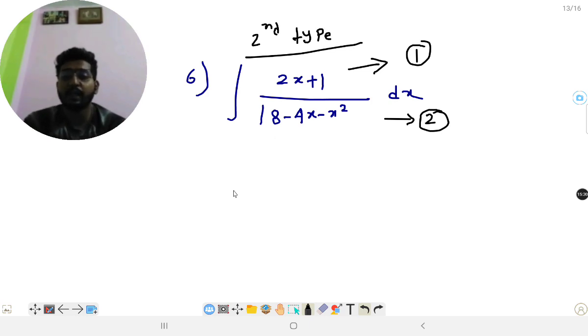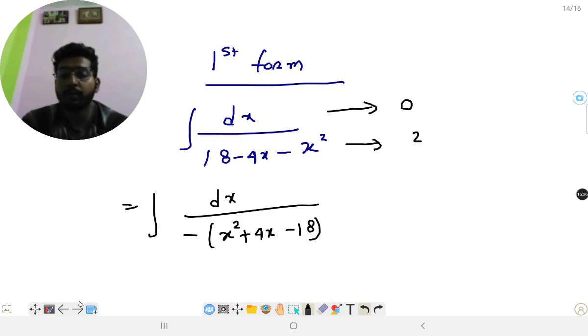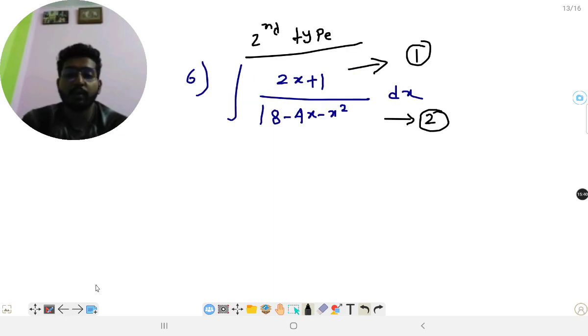Now for the second type problem, remember this one, for the first type problem we only had to make it to square form. But for the second type problem, we have to differentiate the denominator first. So differentiate this one, that will become what? If I differentiate the denominator, it will become minus 4 minus 2x, like this.